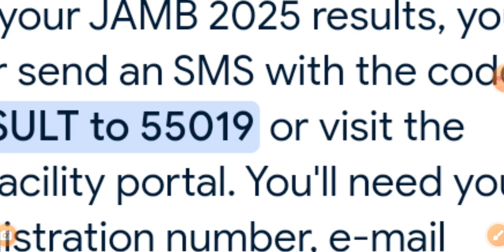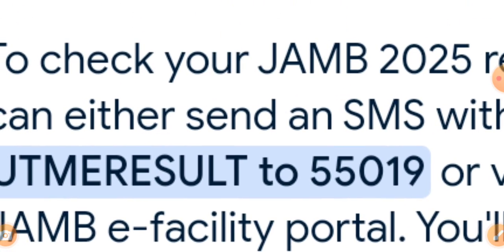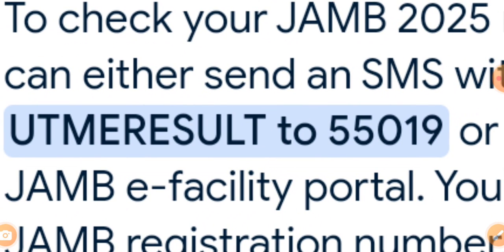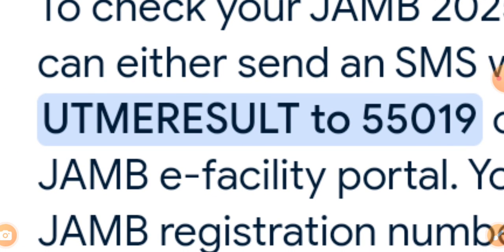Do you remember that phone number you used to register your JAMB? Remember I always emphasize it earlier, that particular phone number, you will get it. Type UTME result, this particular thing on the screen, then send it as a text message to 55019 or 66019.